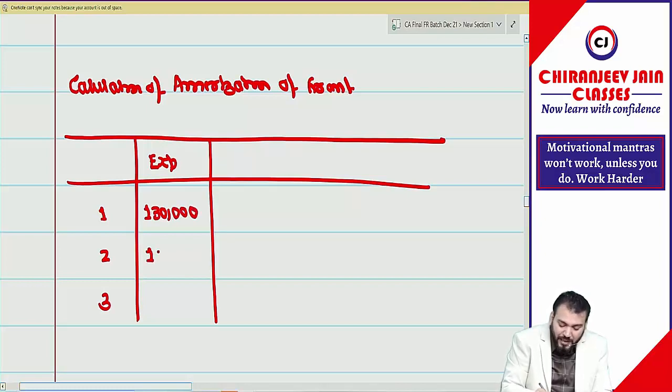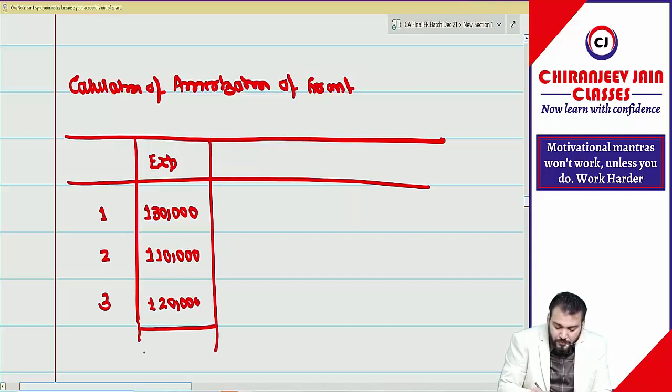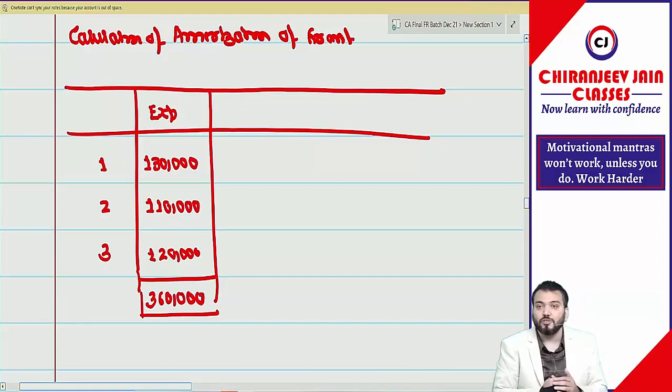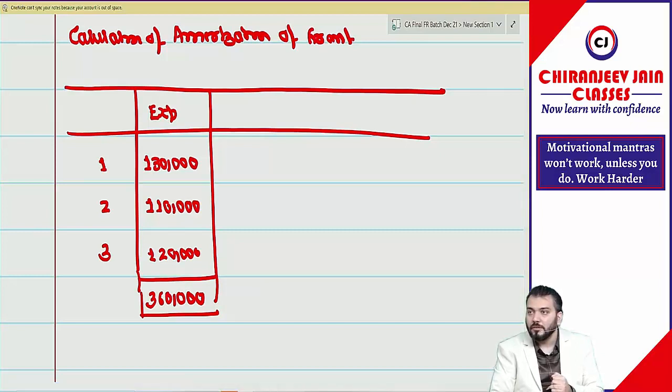The second year is 1 lakh 10,000. And the third year is 1 lakh 20,000. Am I right or not? Total is 3 lakh 60,000. So this will be the ratio for amortization. Correct? Yes, sir.